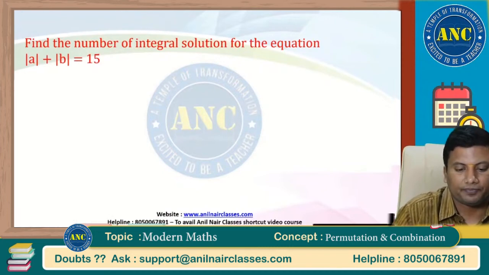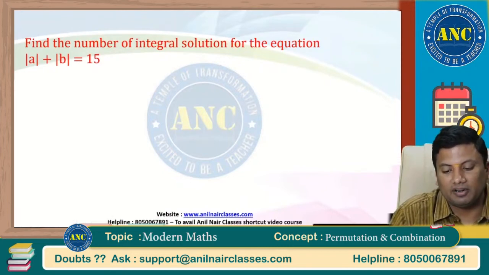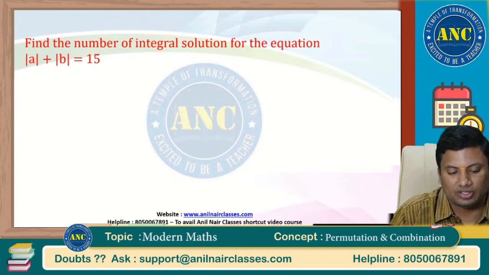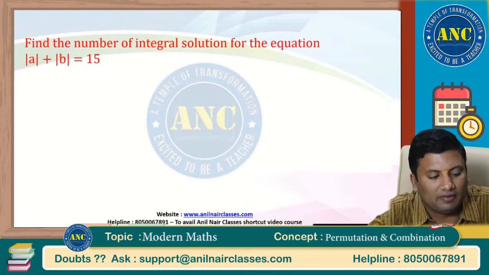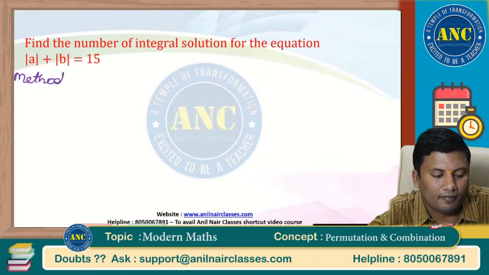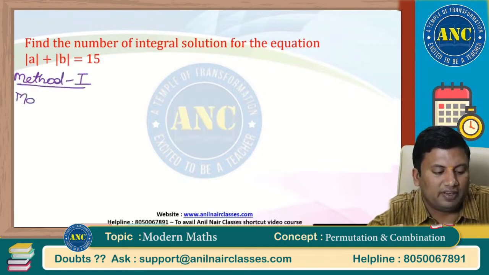Next one. Find the number of integral solutions for the equation mod a plus mod b equivalent to 15. Now I will tell you in 2 methods. Method number 1: first we will see the definition of a modulus function.